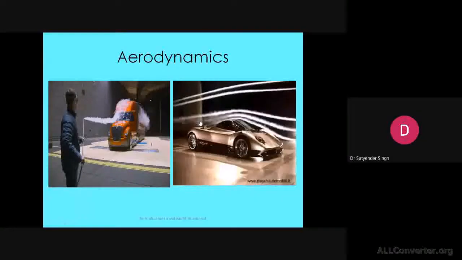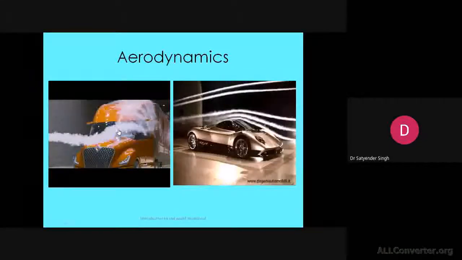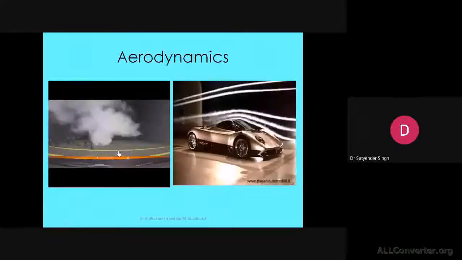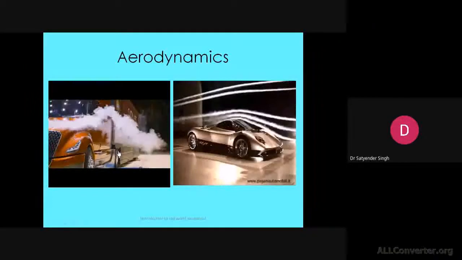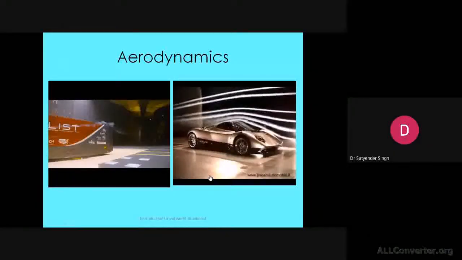And in the aerodynamics industry, we want to know how much drag there will be for a particular design of a vehicle. What is required in experimentation? We have to create big wind tunnels, and there we have to use some fumes or smoke to identify the streamlines, but this is a very costly procedure.